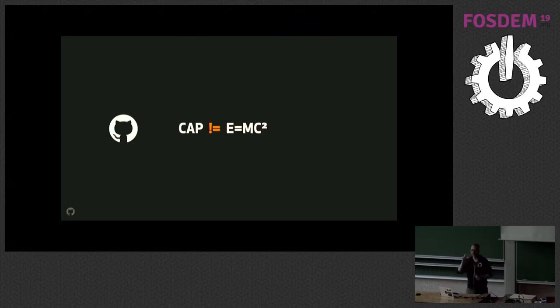I'm going to build a spaceship that runs 10 times the speed of light 99% of the time, and the next 1% of the time it will run only half the speed of light. That can't be done because E equals mc squared. You can't do that. Sorry. But with CAP theorem, we are able to work around the limitations and come up with a highly consistent, highly available system. And do we really need it?